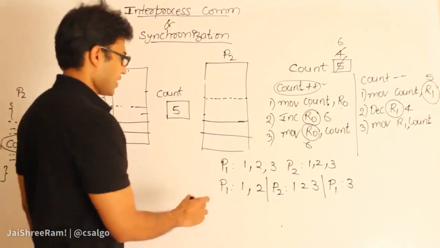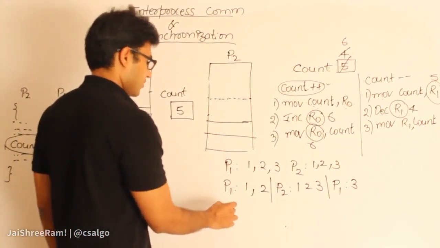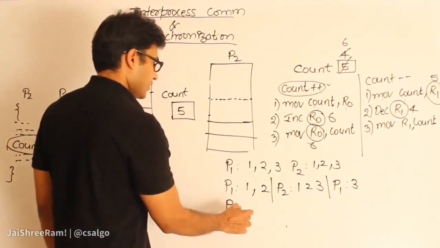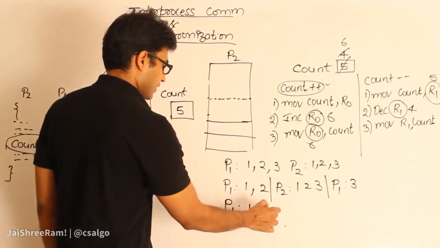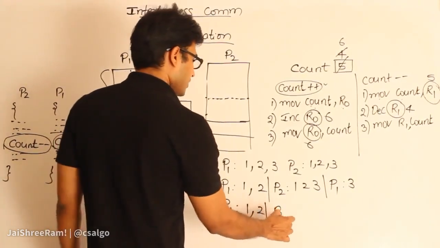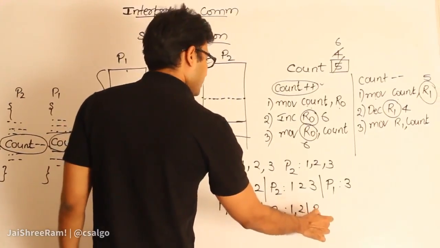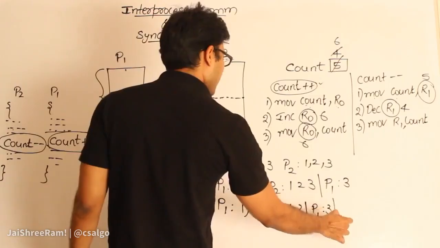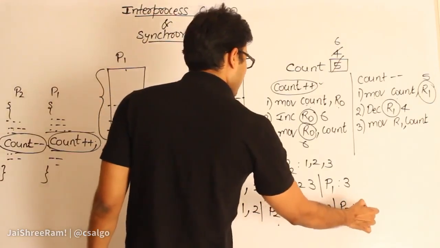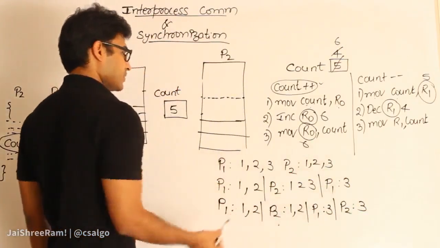Or let's say what happens if we do something like this. P1 is executing the first line, second line, and then P2 is executing the first line, second line, and then P1 is executing the third line, and then P2 is executing the third line. Let's see what happens with this sequence.